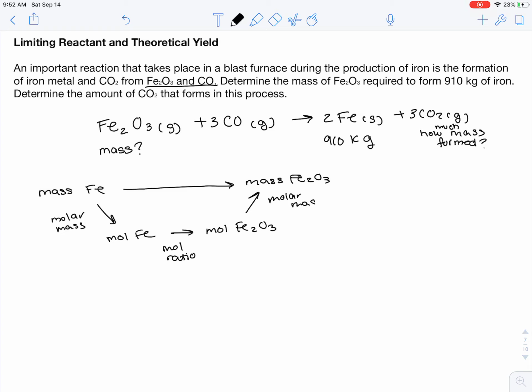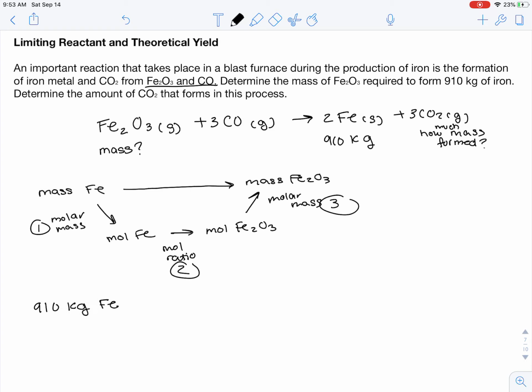So I created myself a little plan. Just knowing that going from one compound to another, it does not matter which direction, you need the mole ratio. And then depending on what unit you're given, if you're given already in moles, then you don't have to convert. But we're given mass here, so we have to convert from one to the other. Okay, so starting with 910 kilograms of iron.